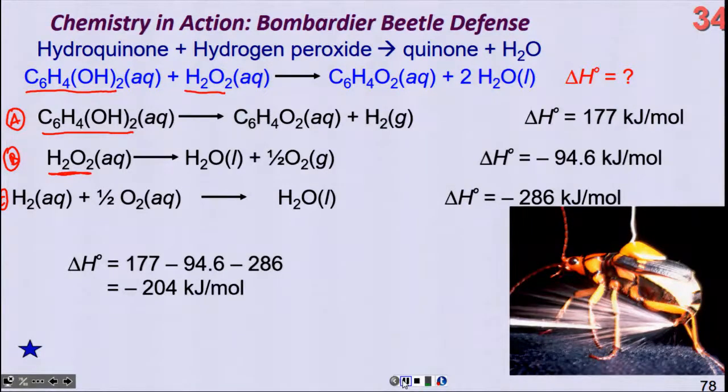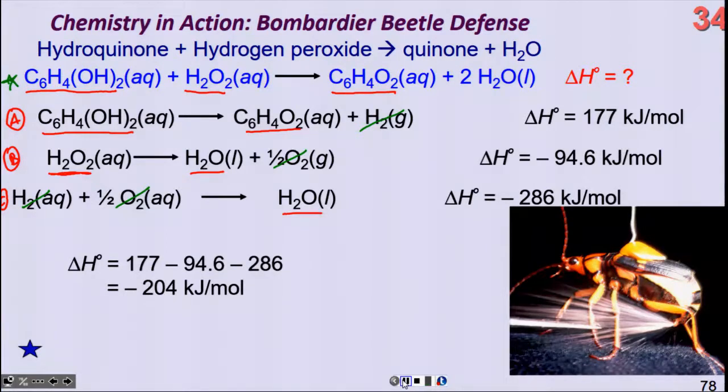And we need to have the quinone on the right and 2 water molecules. Well, if we take these 2, combining B and C reactions, we've got 2 water molecules. But what do we do with the other parts that don't belong here? Well, let's check it out. We have hydrogen as a reactant in reaction C, as a product in reaction A, half an oxygen mole in 2 places. That cancels out to give us the whole overall process intended.